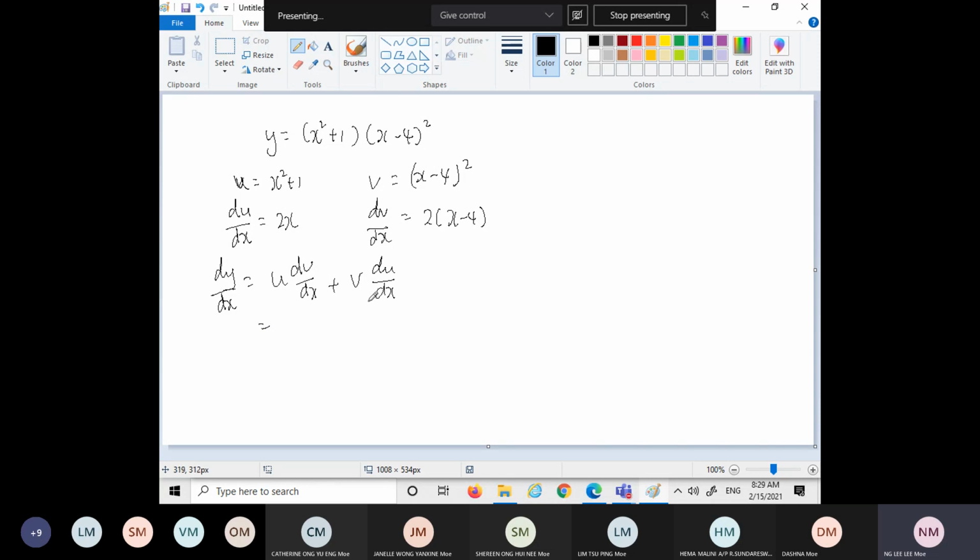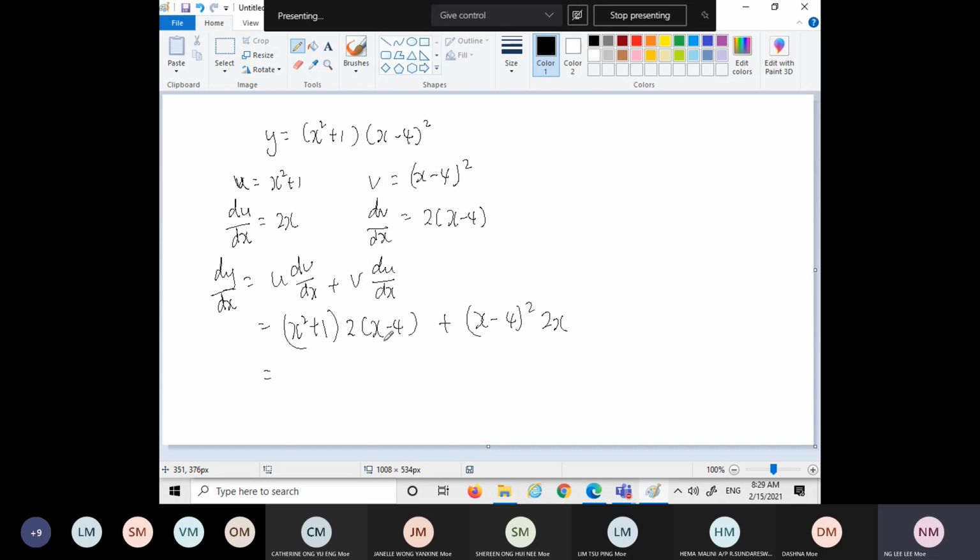So u is x squared plus 1, dv/dx is this, so 2 x minus 4. In between is times, I didn't write. v is x minus 4 to the power 2, du/dx is 2x. Now I don't want to expand it.